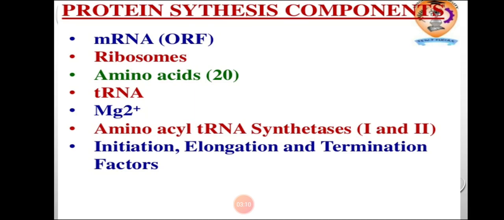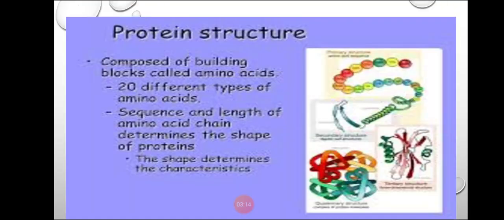First we are going to study about amino acids. Amino acids form the raw material for protein synthesis. A total of 20 different types of amino acids are known to form proteins.